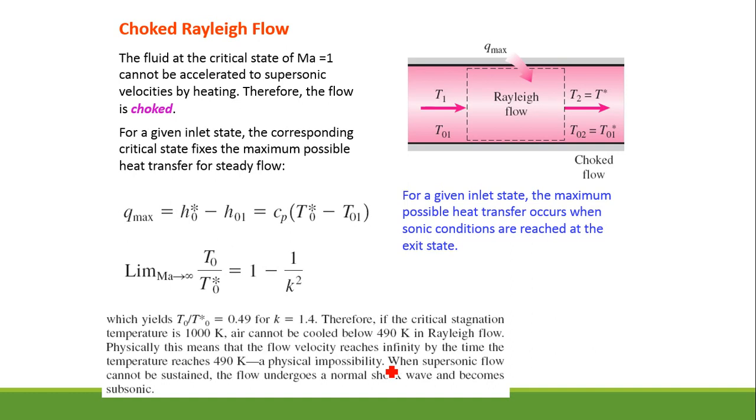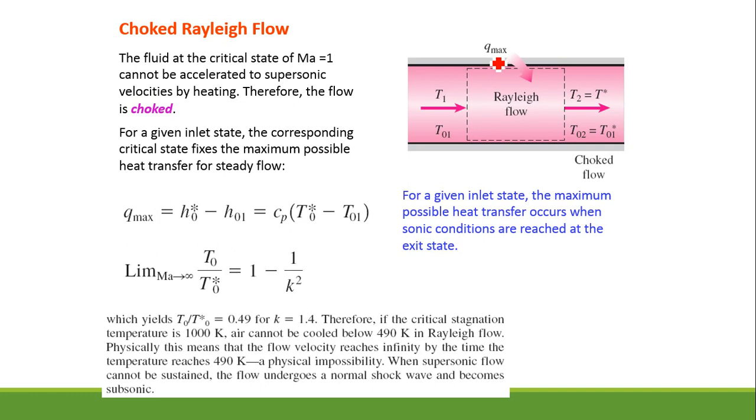So the last condition is the choked flow. We know in a supersonic flow, while heating, the Mach number decreases, that is the velocity decreases up to Mach M equal to 1 only. After that it is not decreased. So in choked Rayleigh flow, the fluid will be at critical state when the Mach number is equal to 1.